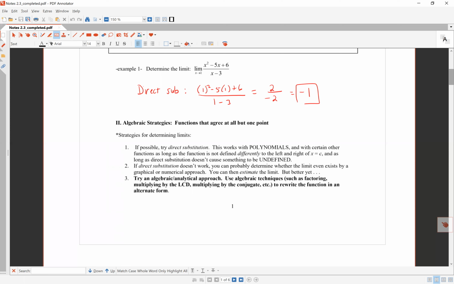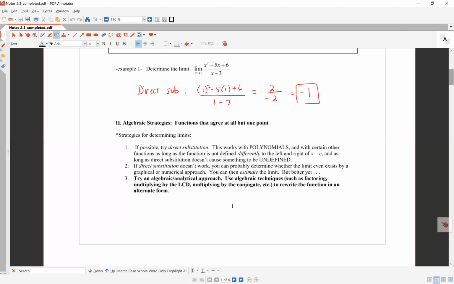Then there's number 2, which is what we kind of did in the previous sections. We're trying to find the limit from a graph or a numerical approach. You can estimate the limit, but it's only by luck that it's exact. Let's say the limit is the square root of 3. You're not going to be able to tell that from a graph or a numerical approach.